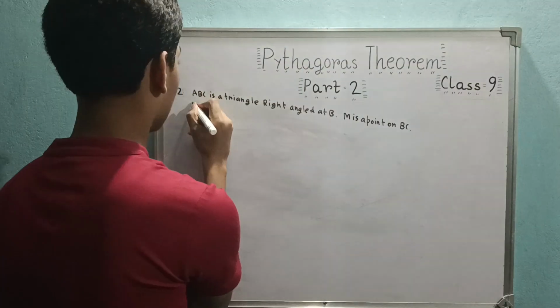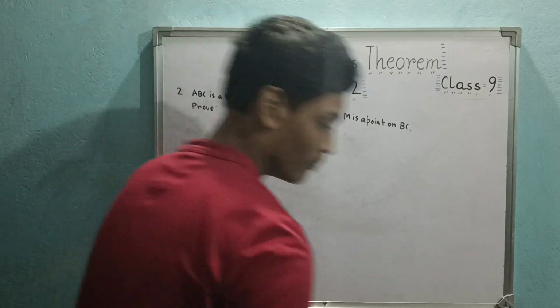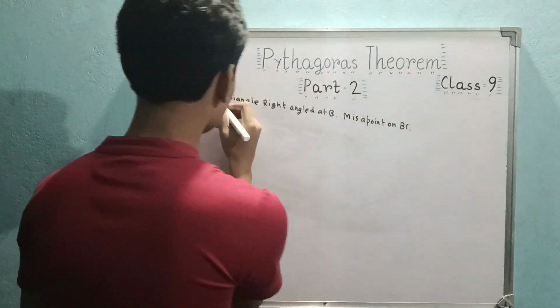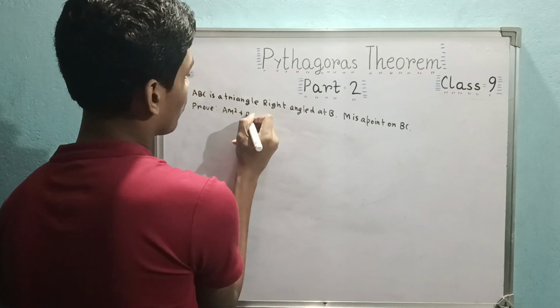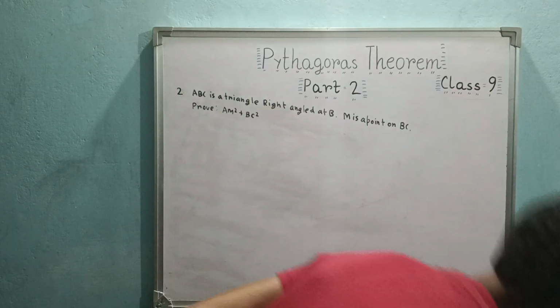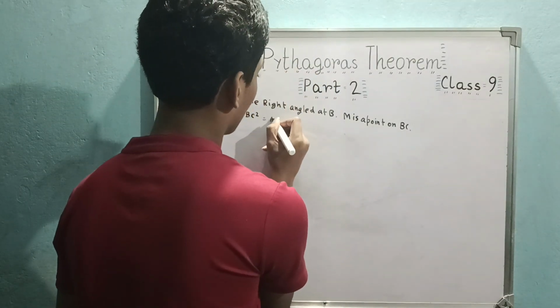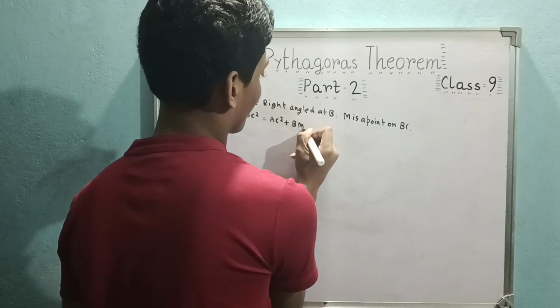Prove. Well, this seems to be a good question, I think. Let's see. AM square plus BC square equal to AC square plus BM square. What? That's something new, right? You will see what is conversion.